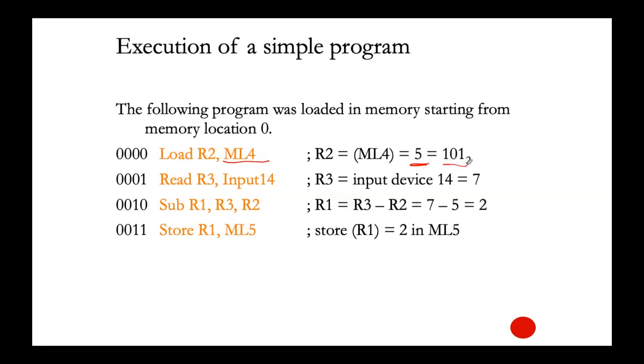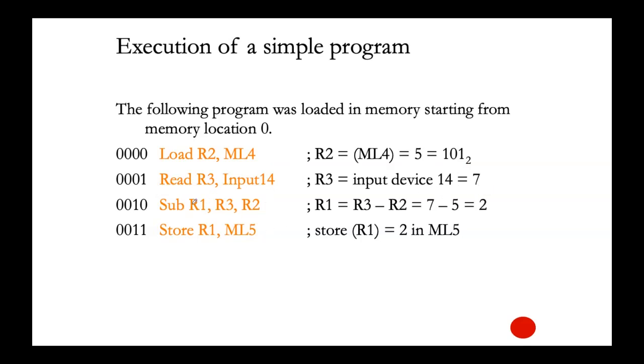The binary form of that operand is 101. In the read instruction, the destination is R3, which is available in the register file itself. The operand is input 14. Take this input from the input output device of your 14th instruction, and the value is suppose 7.